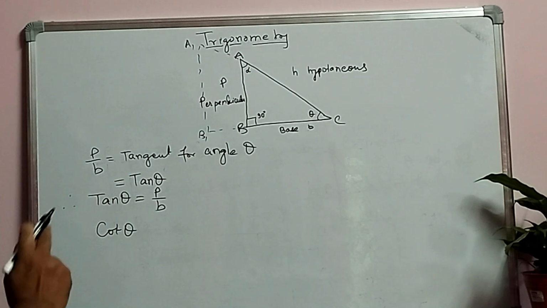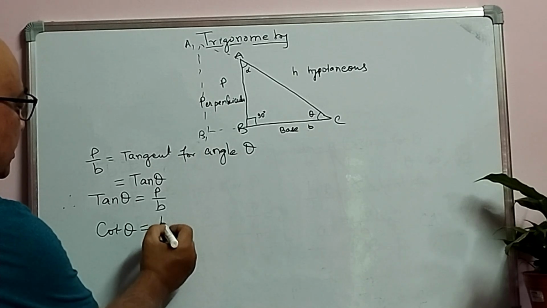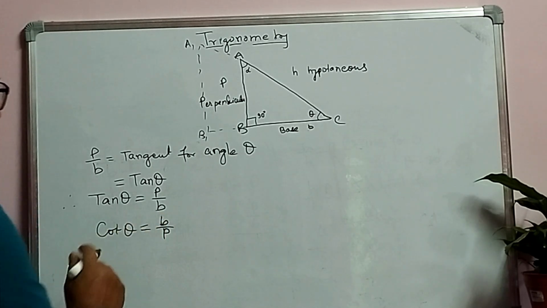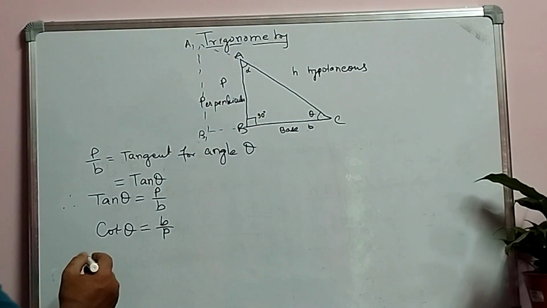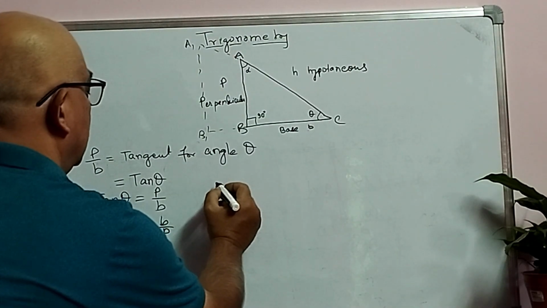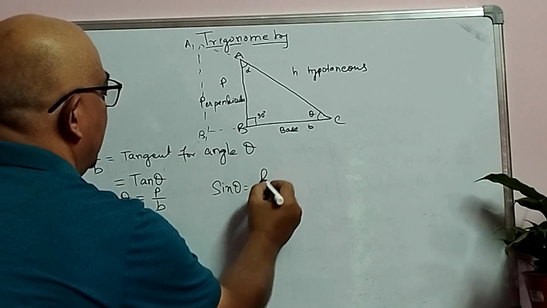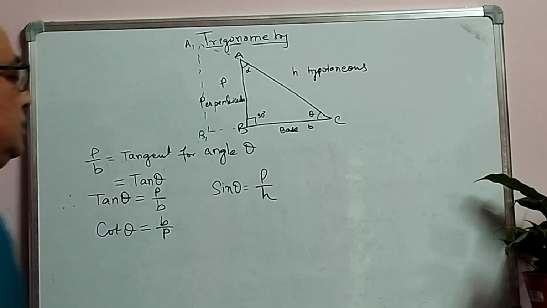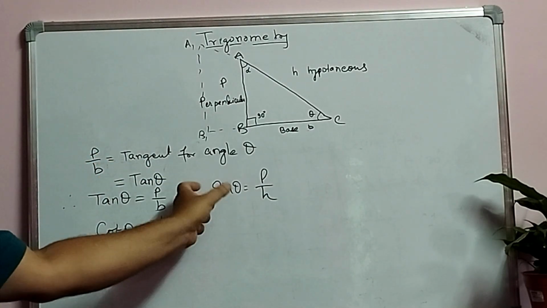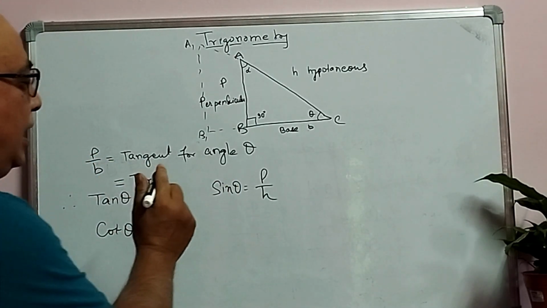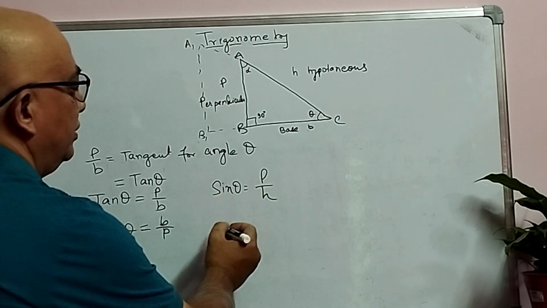Cotangent is now abbreviated to cot. Cot theta is B by P, because this is the reciprocal of tan theta. Sin theta is perpendicular to H. Sine for angle theta is now shortened to sin theta, and it is written as sin theta equals P by H.